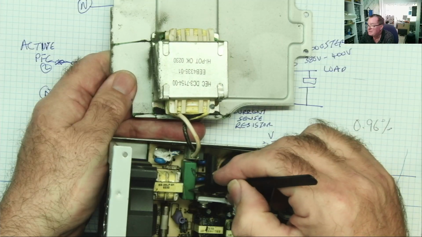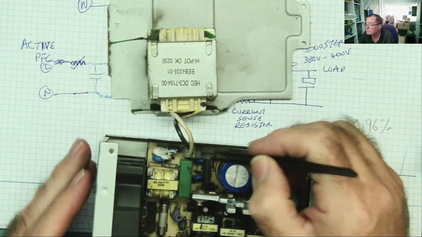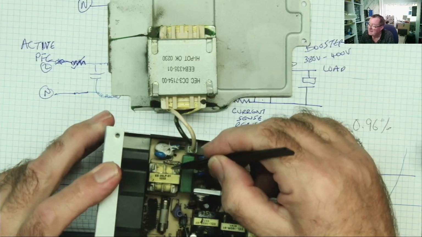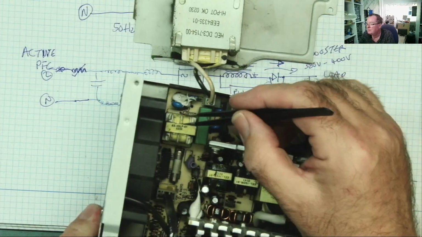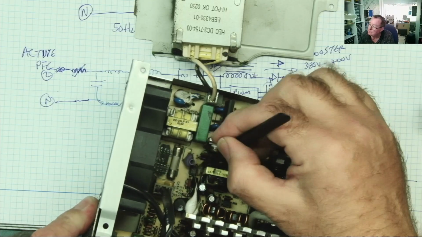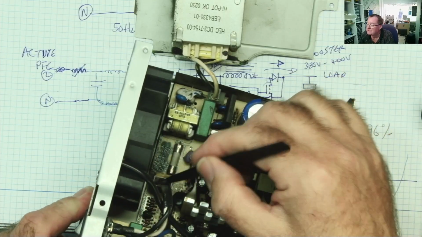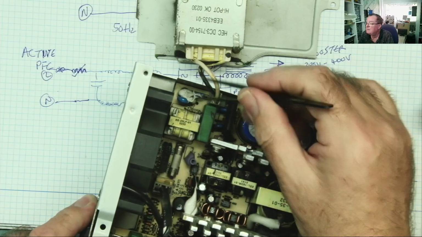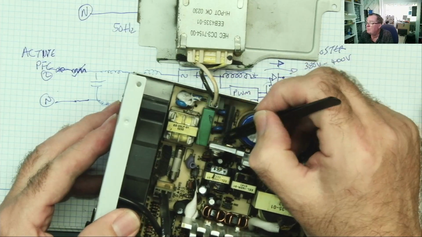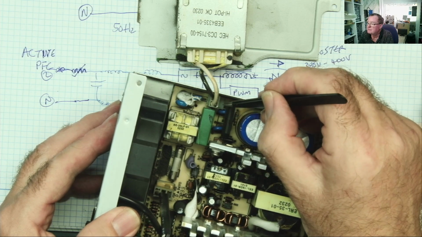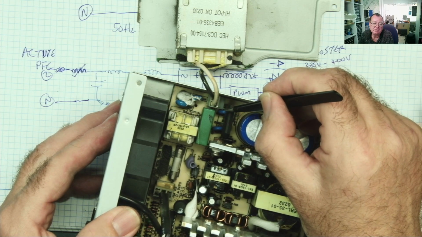This is the PFC capacitor that we talked about. This actually is another filter, basically the same as this sort of arrangement. And then the fuse, that's probably the NTC in there. This is where the mains comes in, okay? So we can see it here. These little blue things will be MOVs, metal oxide varistors.